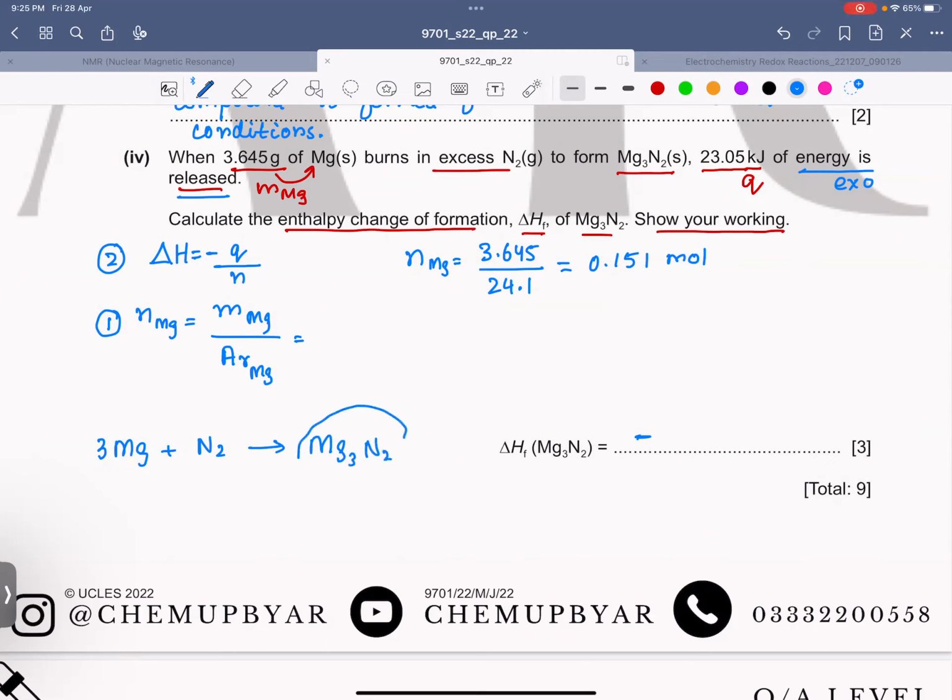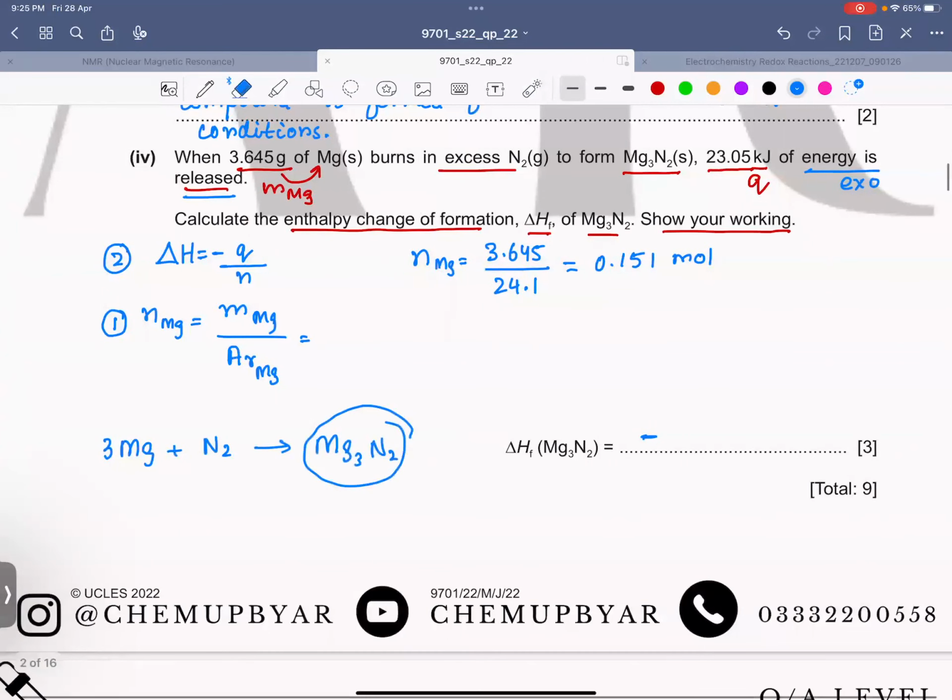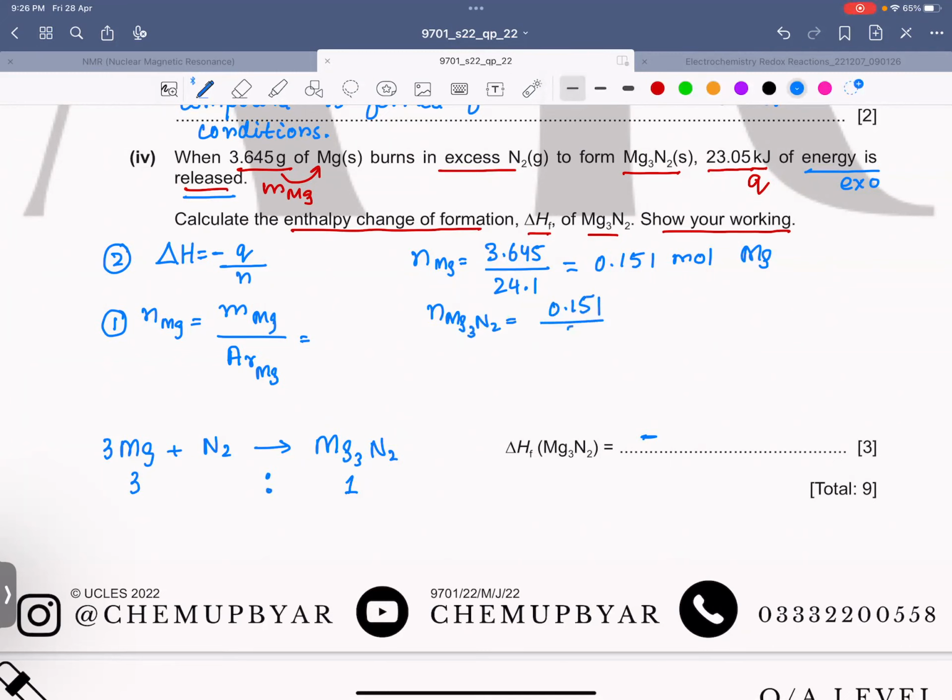And we have to find the enthalpy change of formation for magnesium nitride. So it is 3:1. So the moles of magnesium nitride would be 0.151 divided by 3. Yes, can anybody tell me the answer, please?